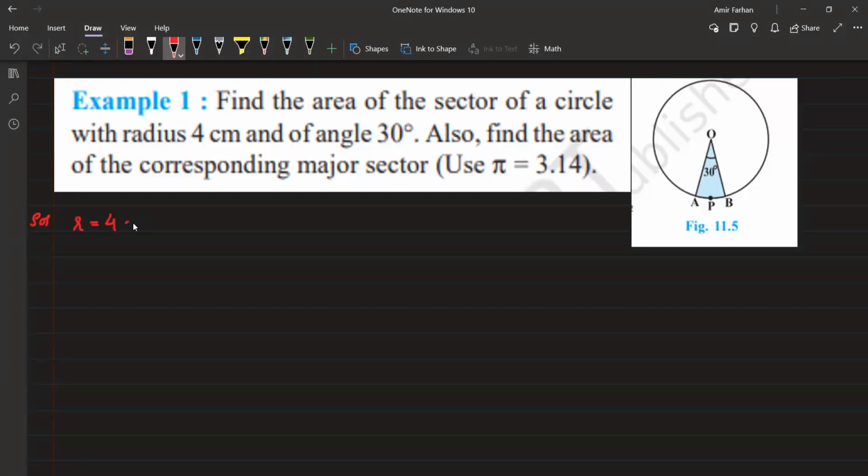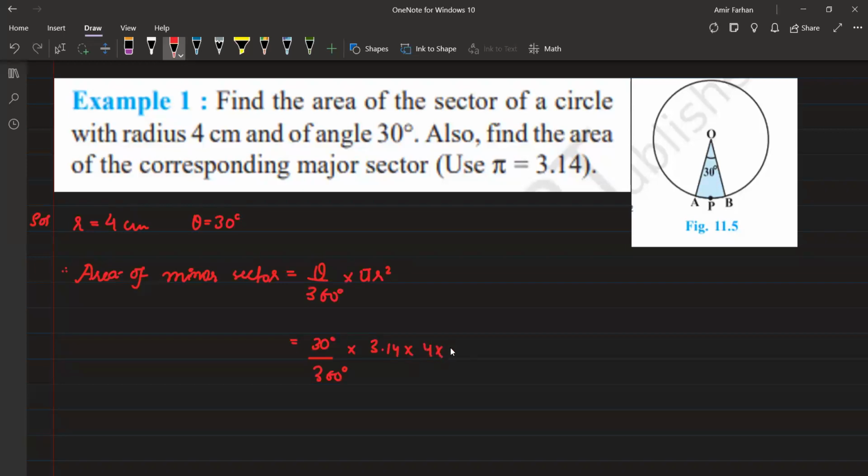R is given as 4 centimeter. Theta is given as 30 degree. We need to calculate the area of the minor sector. Area of minor sector is equal to theta by 360 into pi r square. So theta is 30, 360, into pi value 3.14 is given, and 4 into 4.